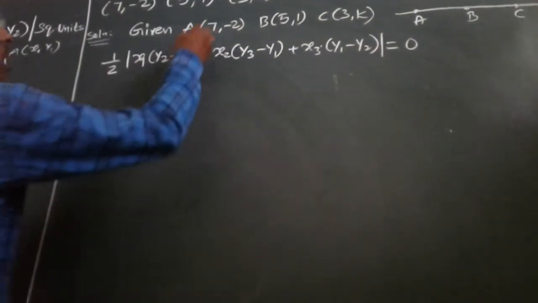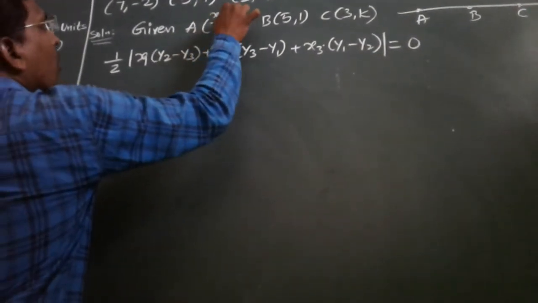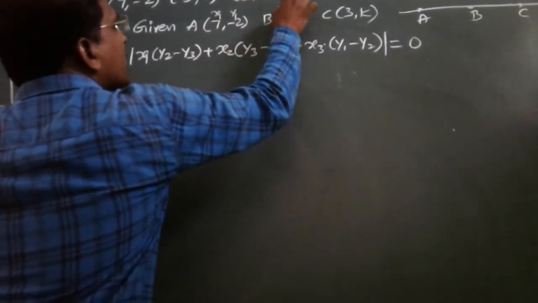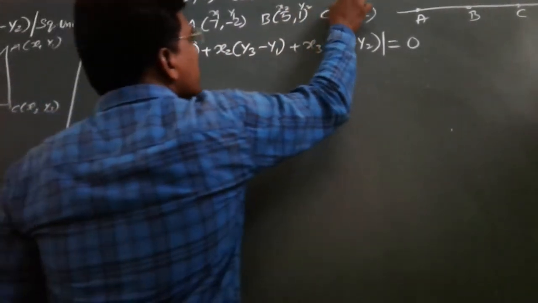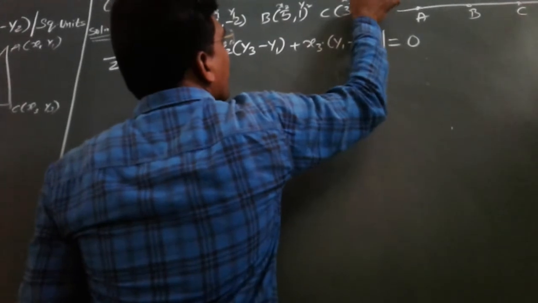Okay, so assume here this is x1, y1, x2, y2, x3 and y3. By using this condition we can solve for the value of k.